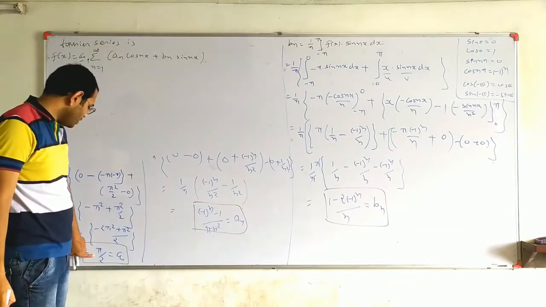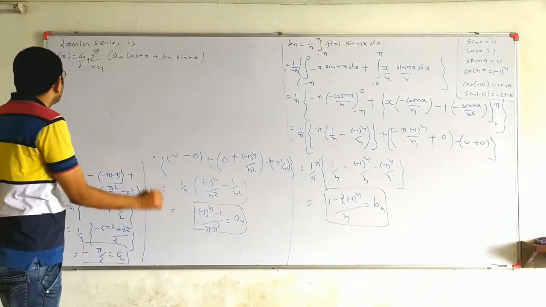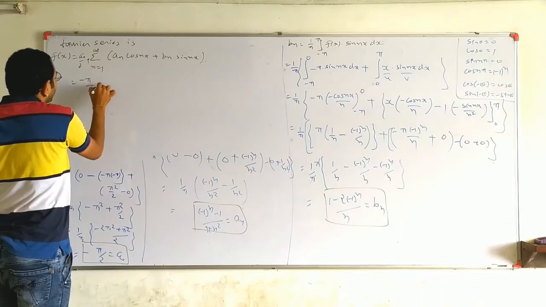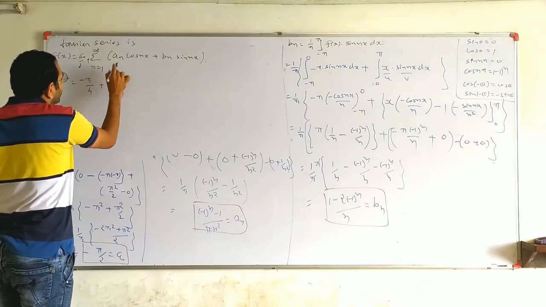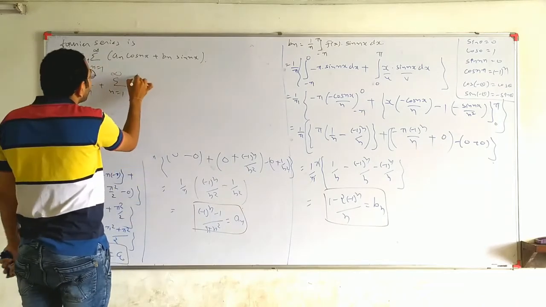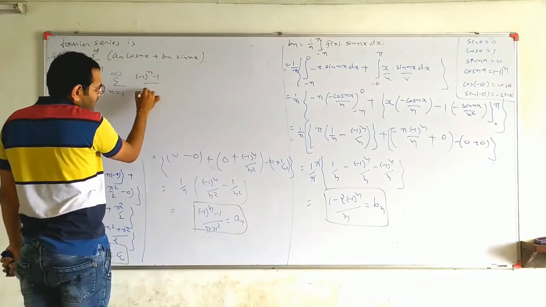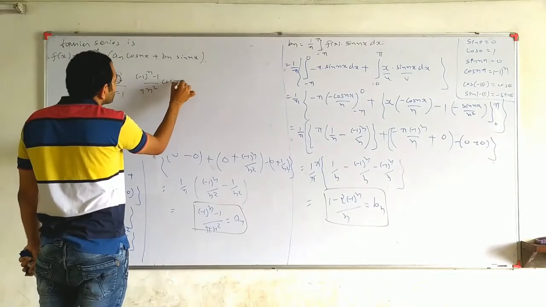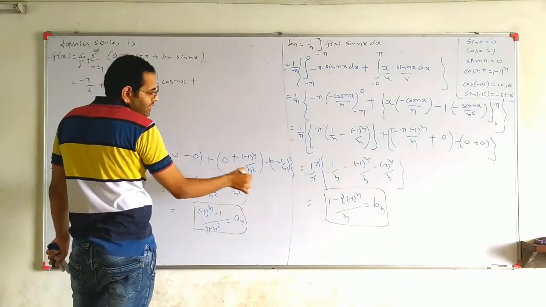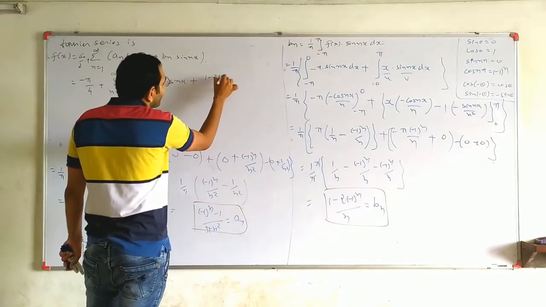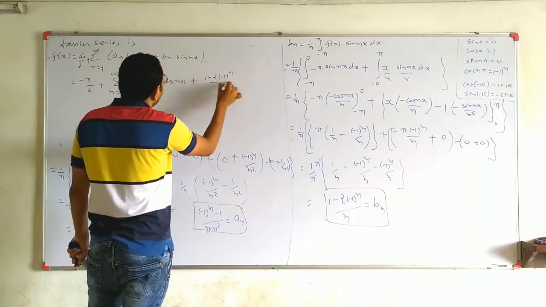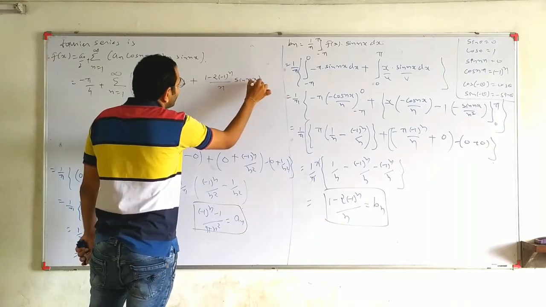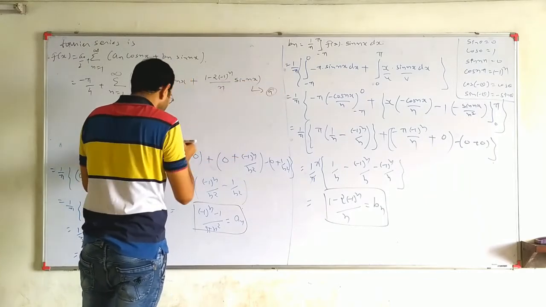What is the value of a0? That is minus pi by 2. Then here we substitute minus pi by 4 plus summation n equal to 1 to infinity. Value of an, that is minus 1 raised to n minus 1 upon pi n square into cos nx plus value of bn, that is 1 minus twice minus 1 raised to n into sin nx. That is our equation number A.